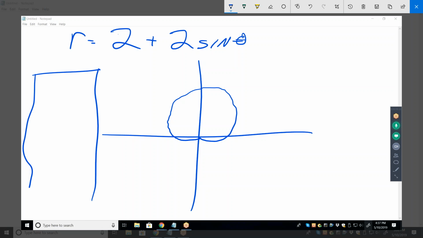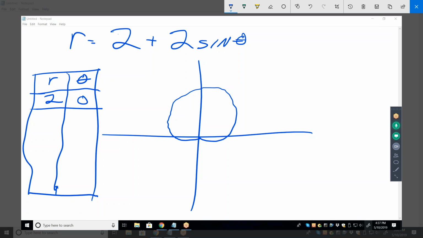This is worth knowing. Not going to go through every angle, though. It's going to use the principle of symmetry. So it does the first one, 0, which gives you an r of 2. The next one is pi over 2, which gives you an r of 4.